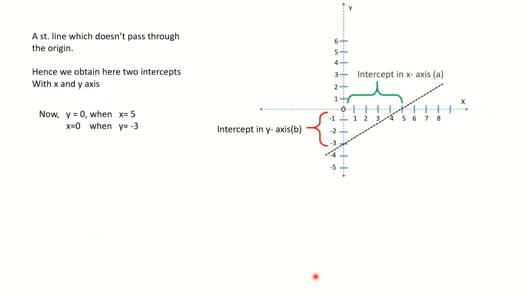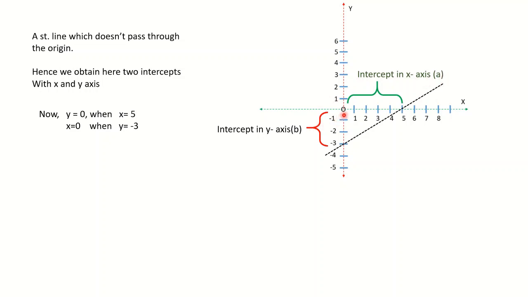Now let's study how to find intercept. As you can see here, we have drawn a line which doesn't pass through origin. So thus it cuts the x-axis and y-axis at two different points. Right from the origin, if we measure the distance of that point at which it meets the x-axis, it is known as intercept in x-axis, defined as a.